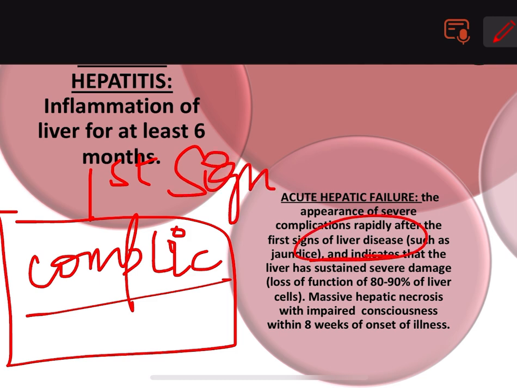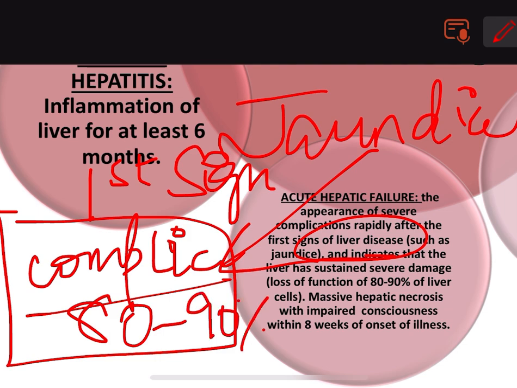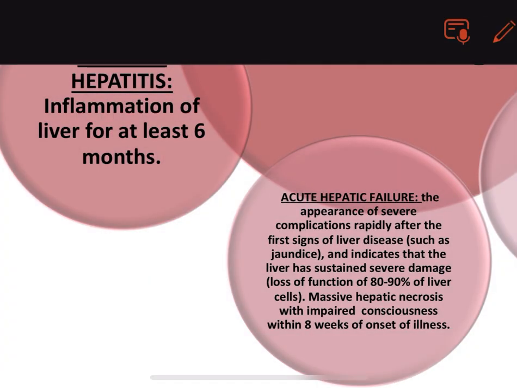Soon after jaundice, if severe complications are seen, it indicates that the liver has sustained damage, with 80 to 90% of the function of the liver cells impaired.